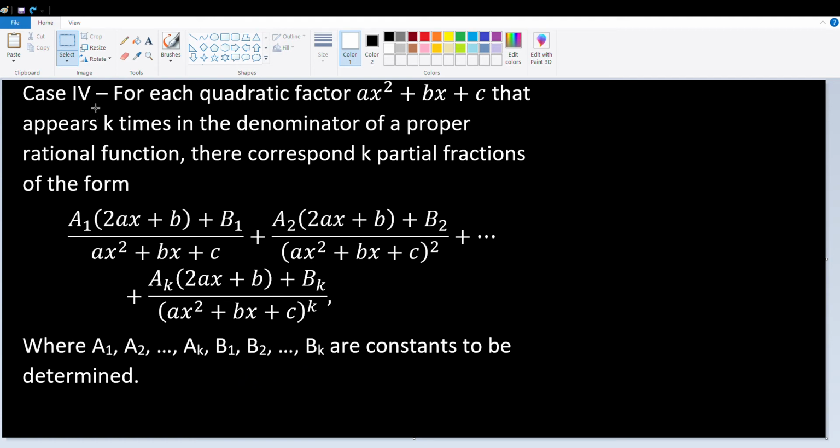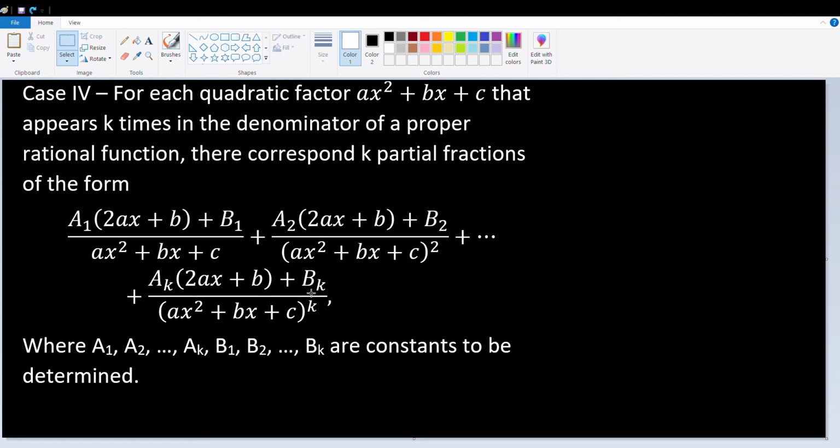So case 4 is similar to case 2, except that the factors considered in case 2 are linear factors. So the quadratic factor is ax squared plus bx plus c. Again, it must be essentially quadratic, meaning to say that it is no longer factorable into linear factors. Notice that the contribution in the solution for this quadratic factor that is repeated k times is k partial fractions.